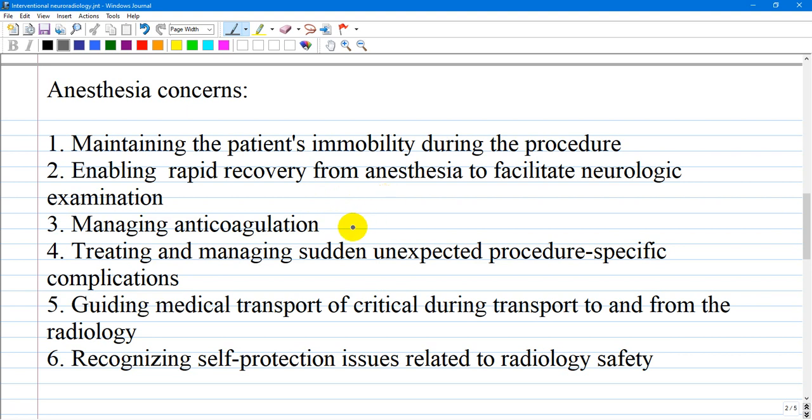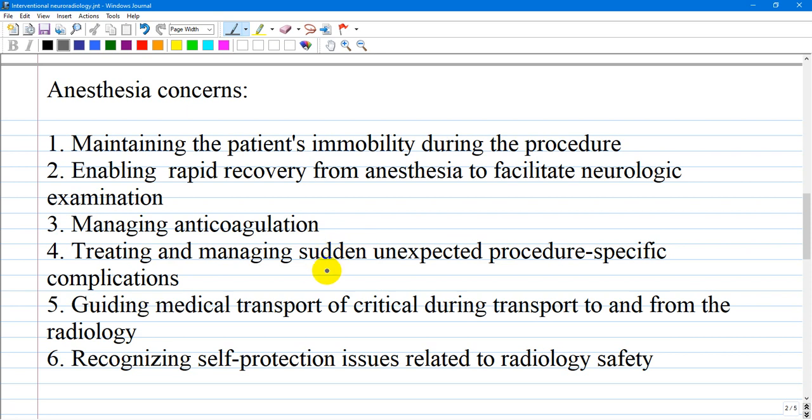The third is managing anticoagulation, and treating and managing sudden unexpected procedure-specific complications during the procedure, such as hemorrhage or vascular occlusions, which may involve manipulation of systemic blood pressure.